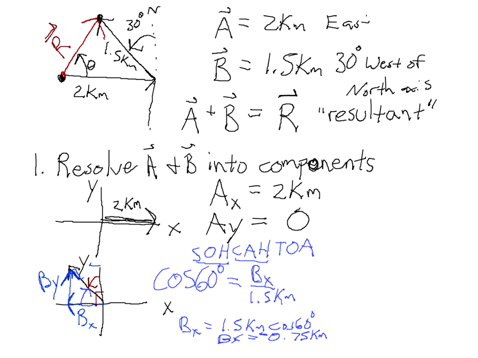All right, now let's find by. by is opposite to my 60 degree angle. So we have sine of 60 equals opposite, which is by, what we're trying to solve for, over hypotenuse, 1.5 kilometers. So by equals 1.5 kilometers times the sine of 60.